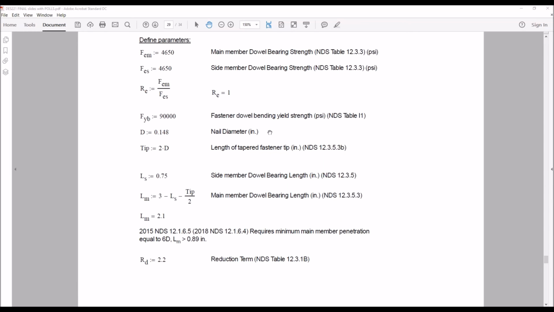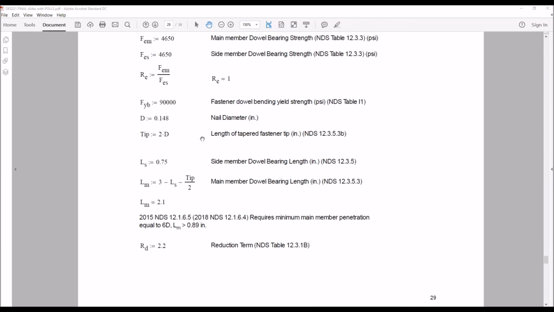The nail diameter is specified in the appendix table. This is an assumption that the NDS allows us to take, that the length of the tapered tip for a nail is taken as 2 times the diameter. So we assume the tip length is twice the diameter of the nail.